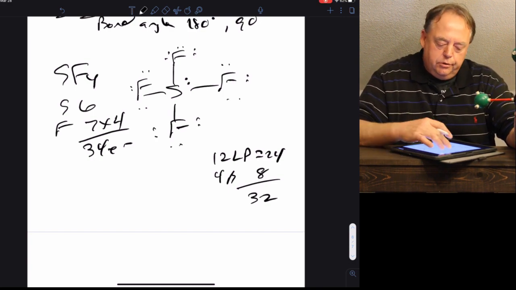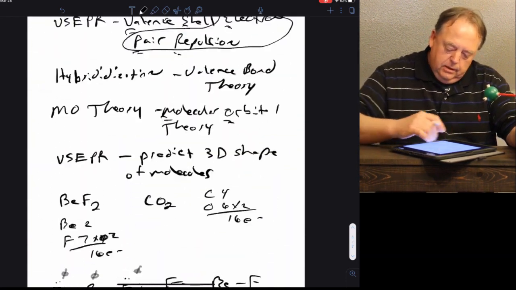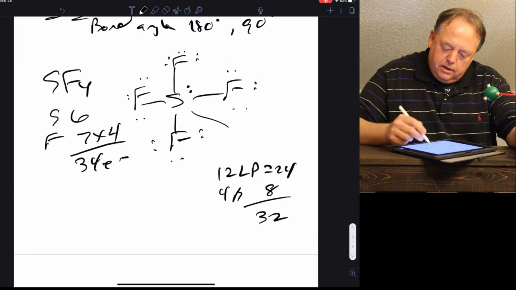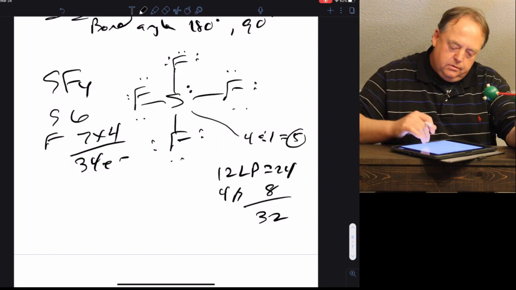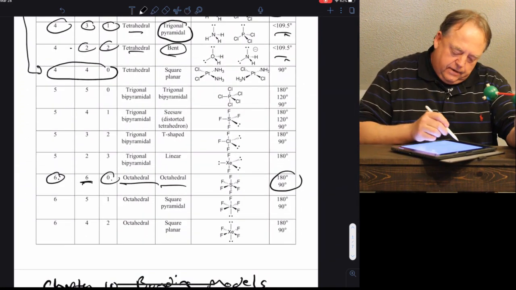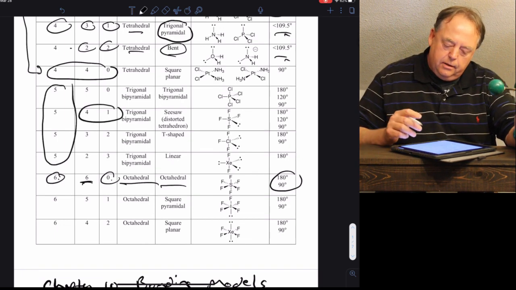So again, in order to use this VSEPR table, you have to be able to draw a Lewis dot structure. So we have a sulfur central atom with 4 atoms and 1 lone pair, so 5 things total. So it's going to be one of these, but we want the one with 4 atoms and 1 lone pair.